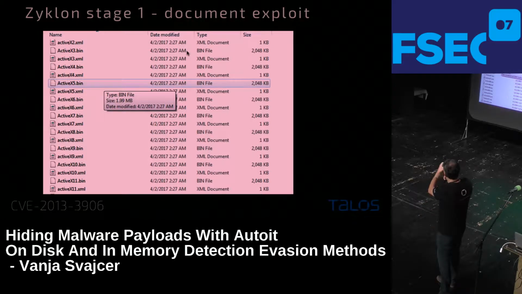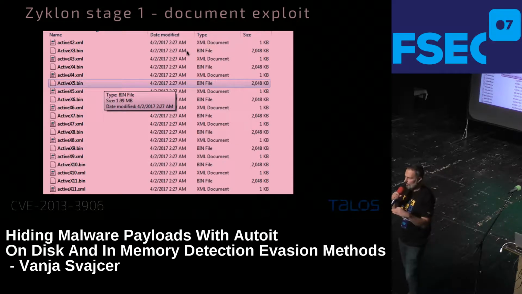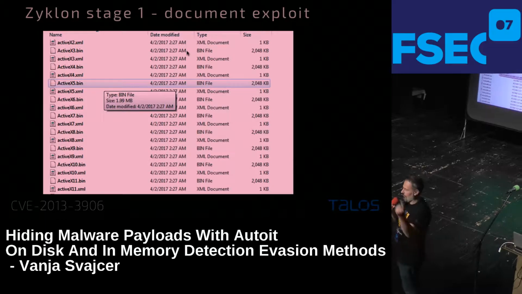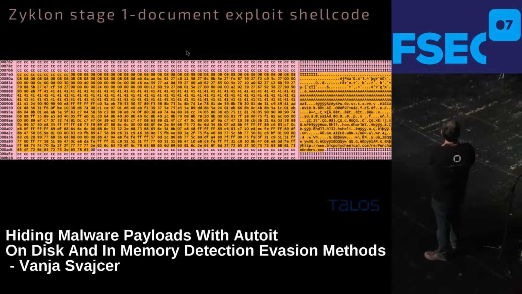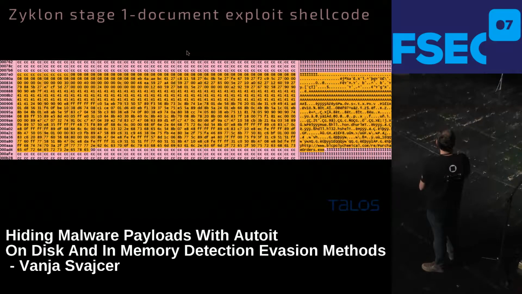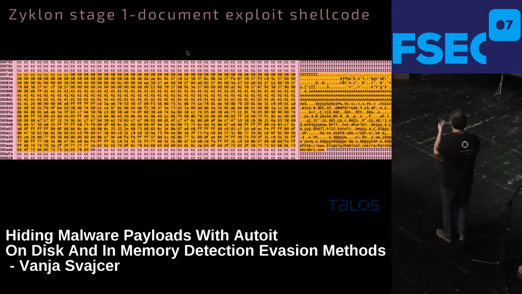ActiveX bin files are used to spray the memory with shellcode, and then you're hoping that when you override the function pointer, it will jump into your shellcode, and you can see the typical kind of shellcode statement, what is it, add AX something.